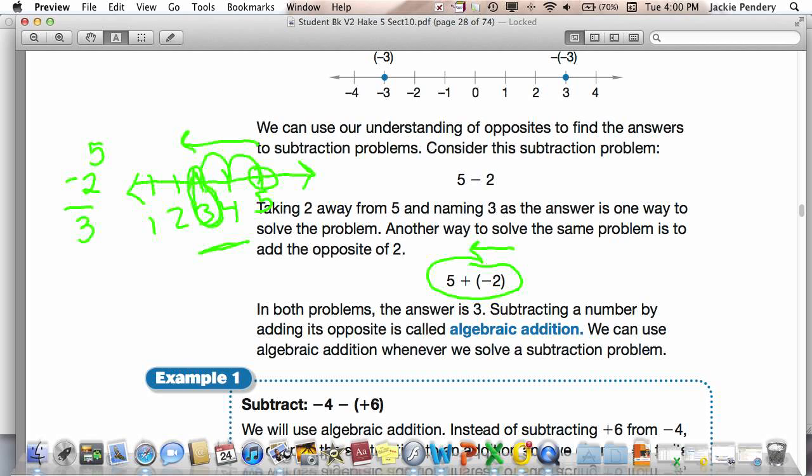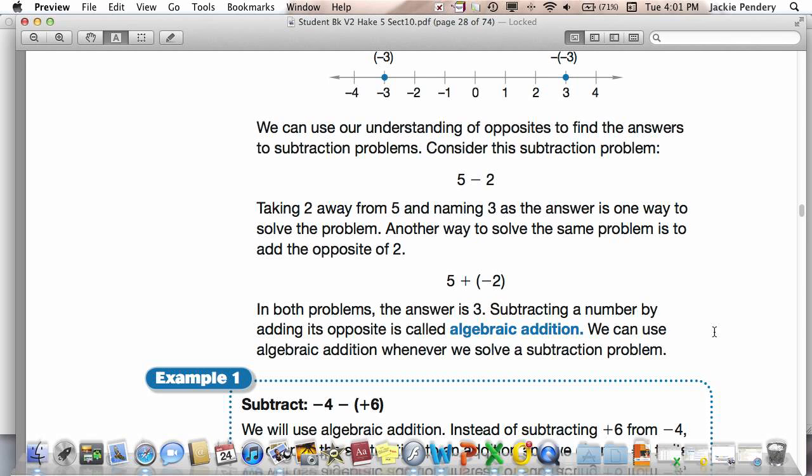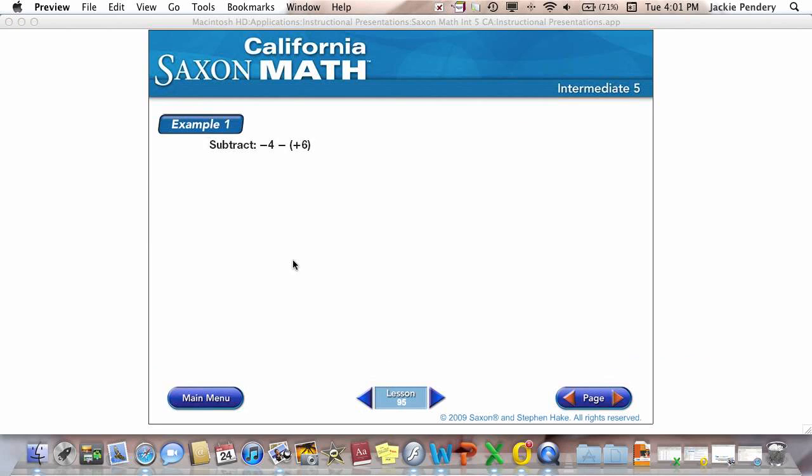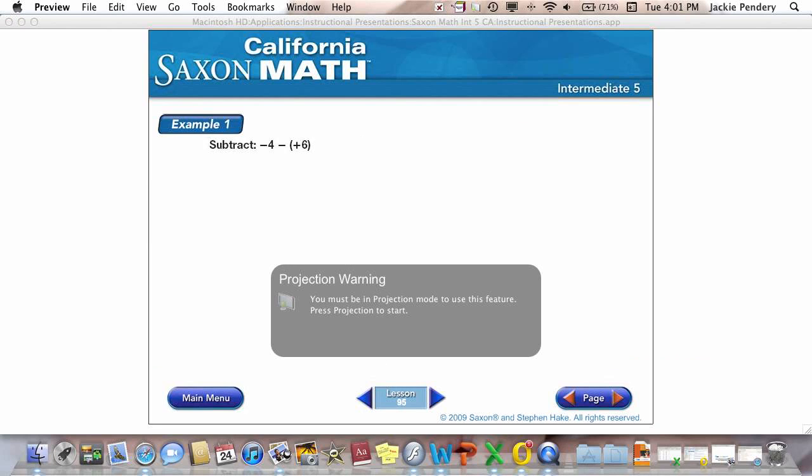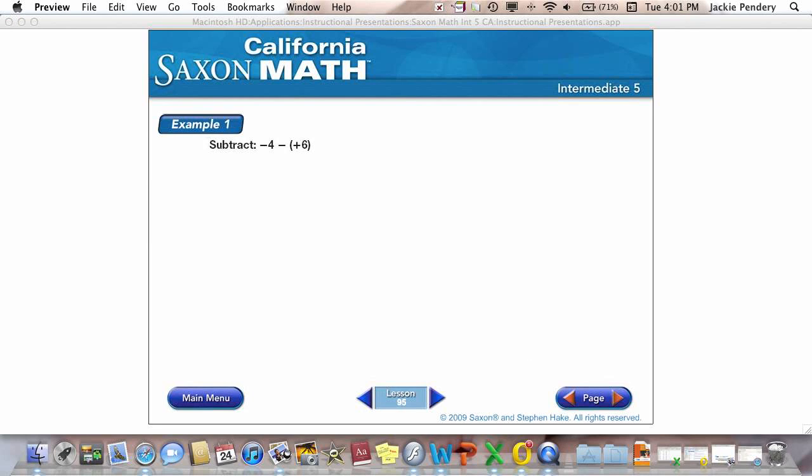So let's go ahead and look at our examples, shall we? Example number 1. Feel free to draw a number line or write this in words if you need to. So subtract -4 minus +6.